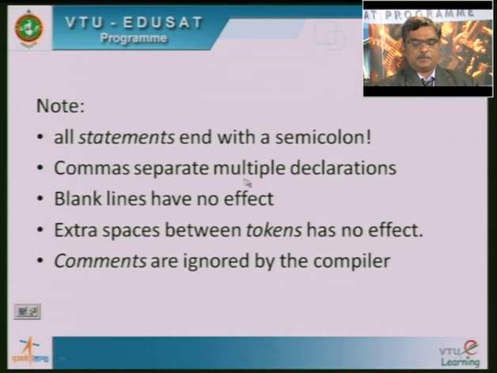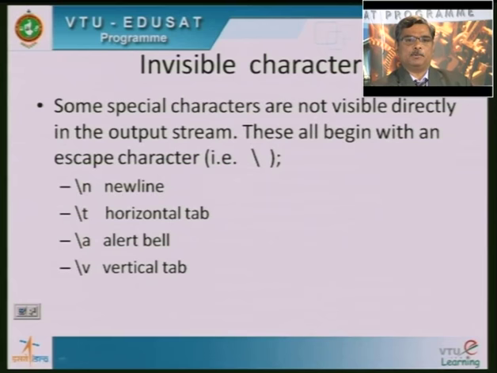Like that, commas separate multiple declarations. Blank lines have no effect in the program. You can leave any number of blanks in the program, it has no effect. Extra spaces between the tokens have no effect. Comments are ignored by the compiler. These are all the observations you should know before writing your program.